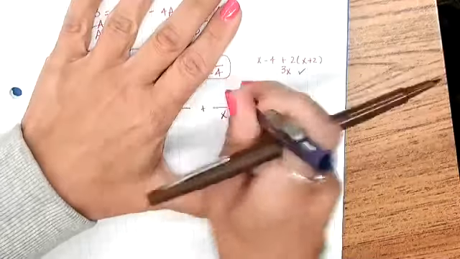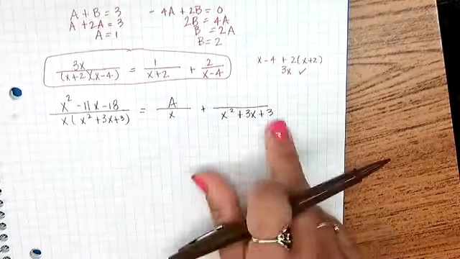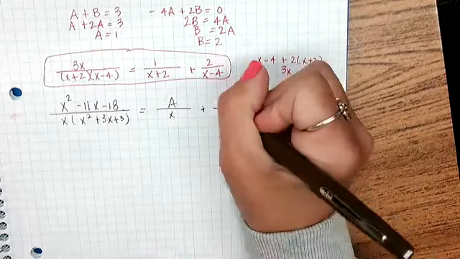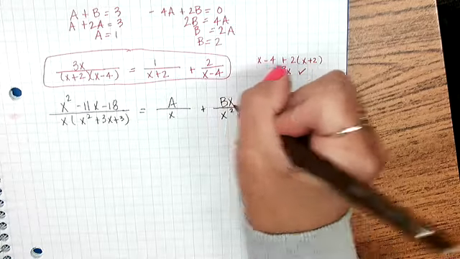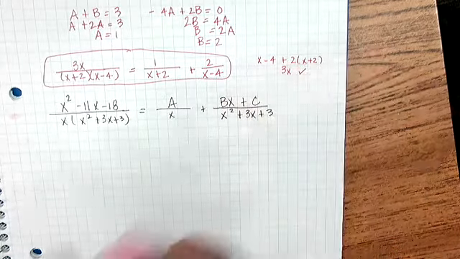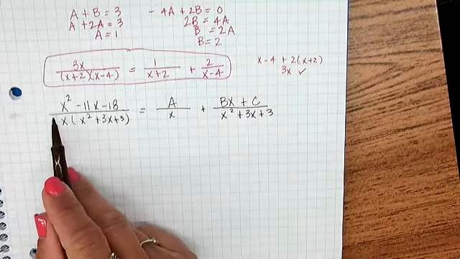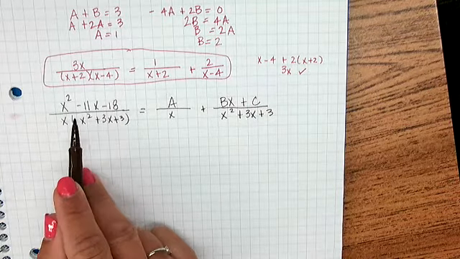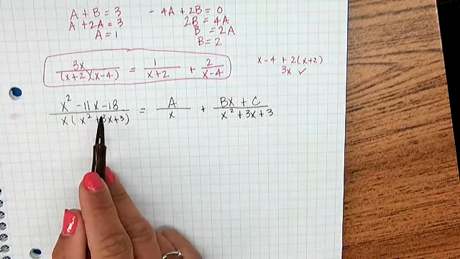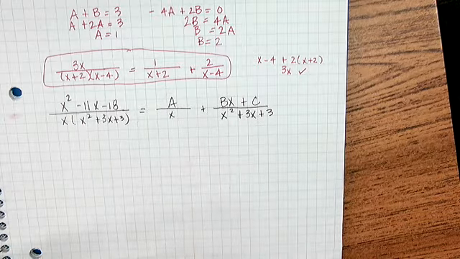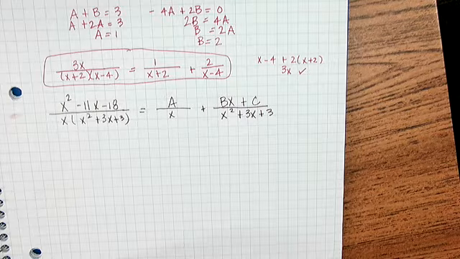And here I have a quadratic in my denominator. I'm going to label that as bx. And I'm going to throw in a c. If you look at a quadratic, ax squared plus bx plus c. So I need an a, a b, and a c. Just requires a little bit more work.